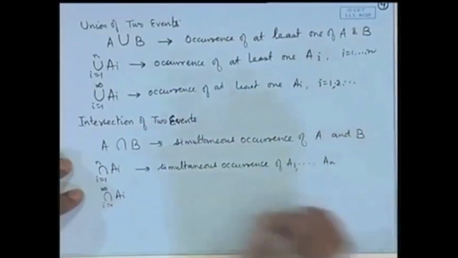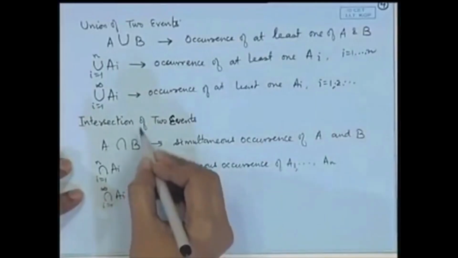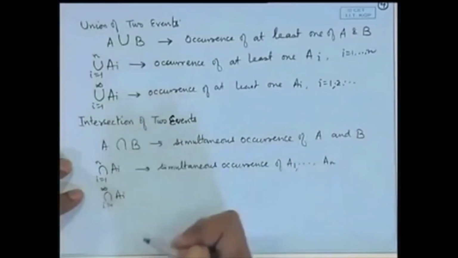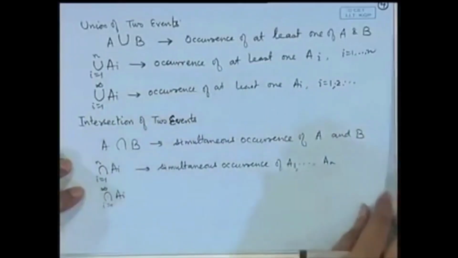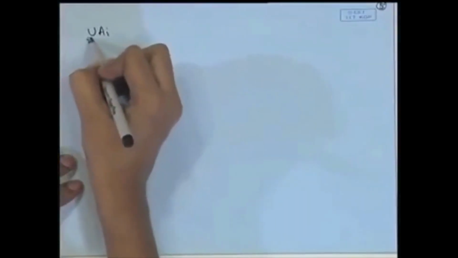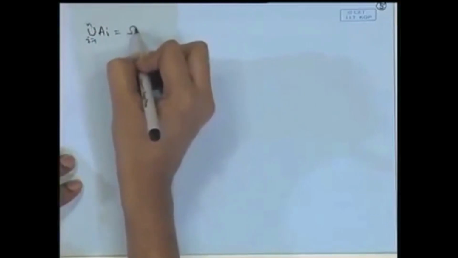Here, when we consider the unions or the intersections, certain basic properties are there. For example, we may have union of Ai, say i equal to 1 to n, equal to omega. That means all the points of omega are contained in one or the other of the Ai's.